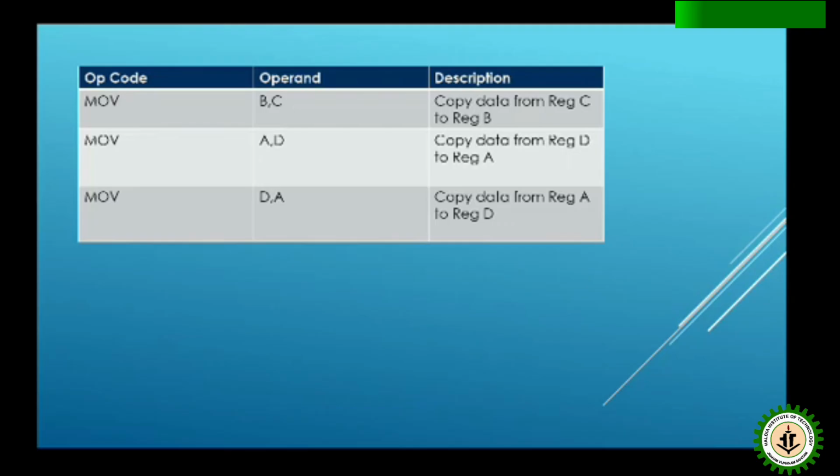MOV D, A: if the content of A is 1AH, then after this instruction the contents of A will be 1AH, and the contents of D will also be 1AH. So MOV instructions are all of the same pattern, and this is a very basic 1 byte instruction.